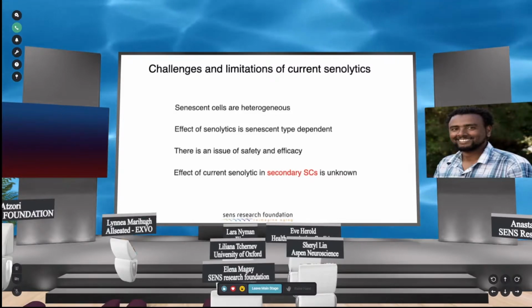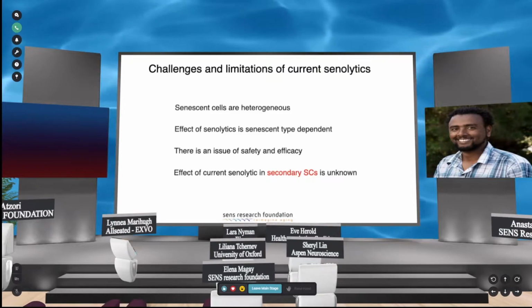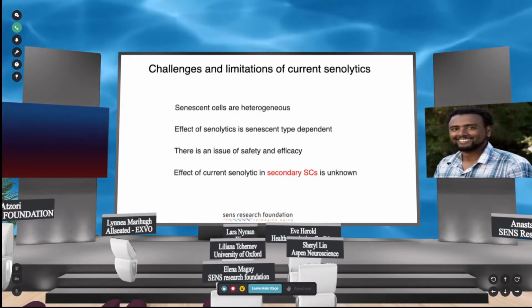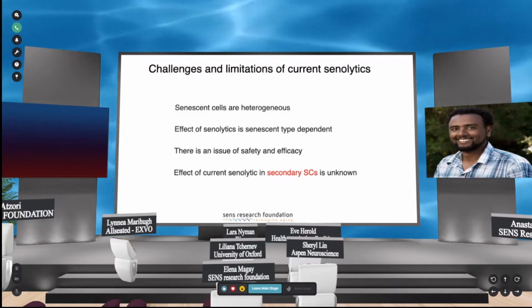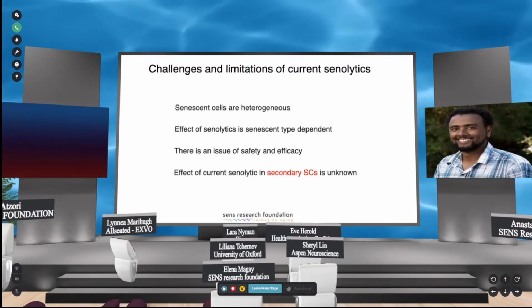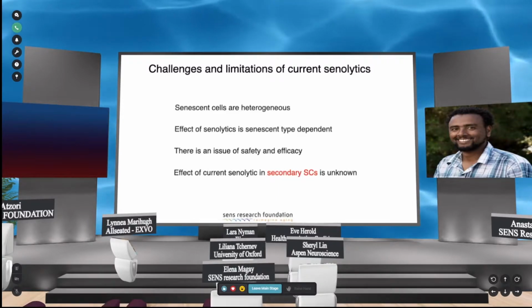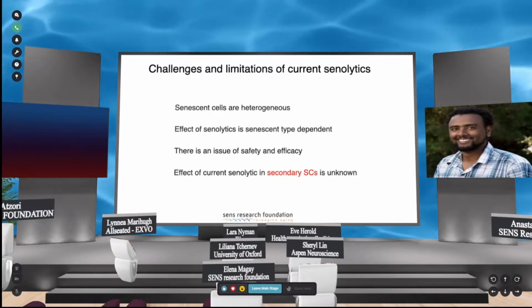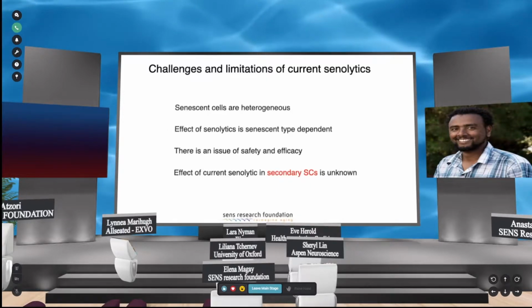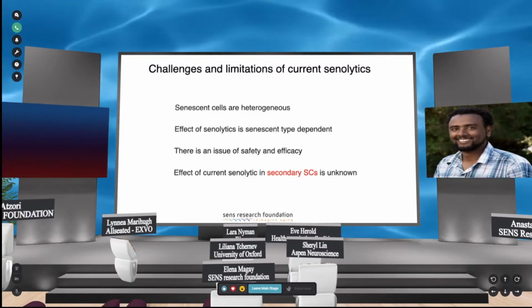However, whether the current senolytics are effective on killing these secondary senescent cells is unknown, because we know that the effect of senolytics is dependent on the cell type of origin or the senescence induction method. And we know secondary senescence is a different type of senescence induction. So we need to know if the senolytics that have been discovered based on the characteristics of primary senescent cells are effective on secondary senescent cells.